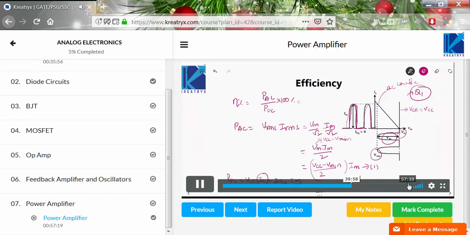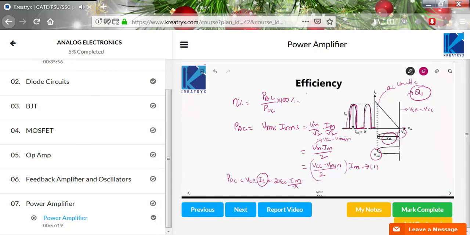Now what is the efficiency here? PAC is VCC minus V minimum by 2 into IM, divided by 2 VCC into IM by pi, into 100.